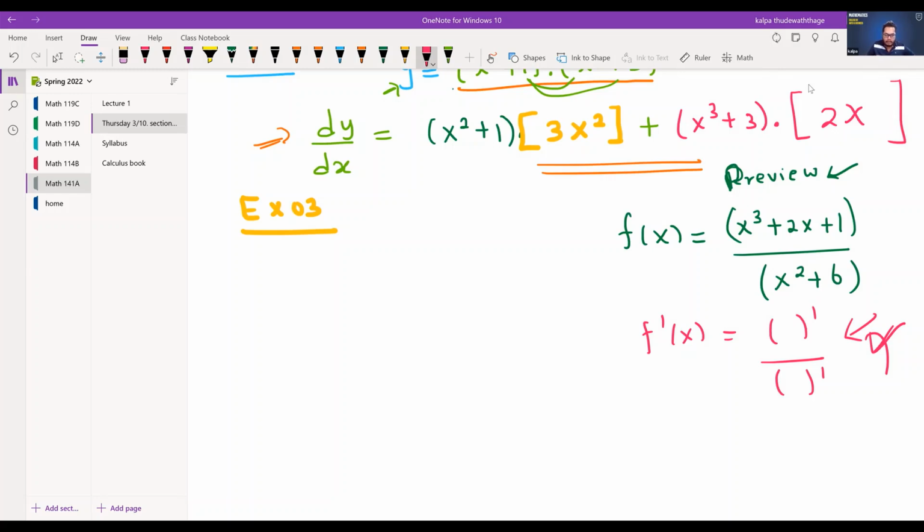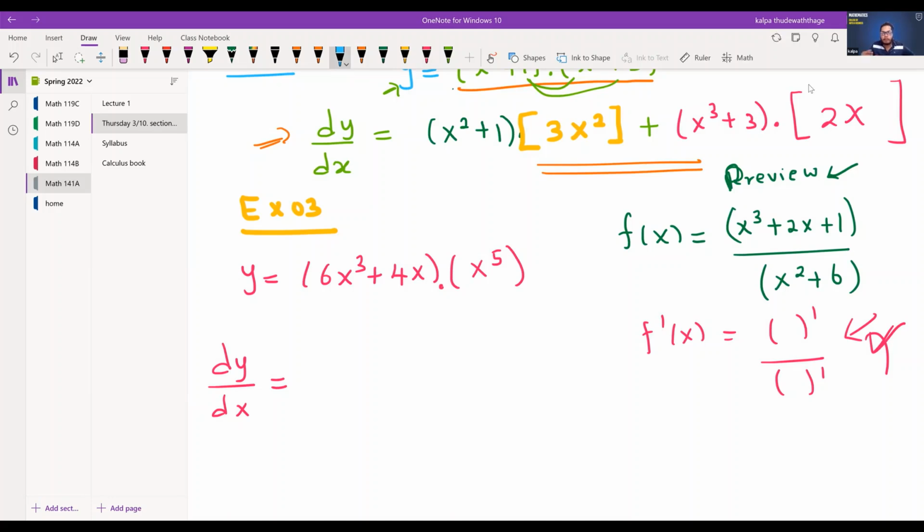As a last example, this is like a product example. Let's say y equals 6x to the power 3 plus 4x, times x to the power 5. I need to take the derivative, which I call dy over dx.